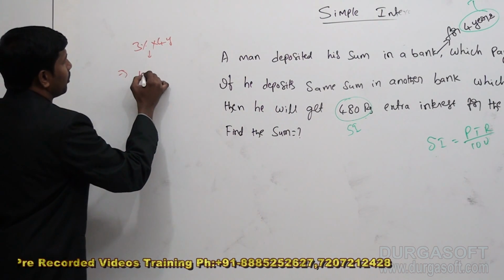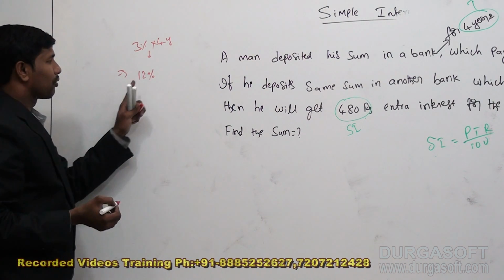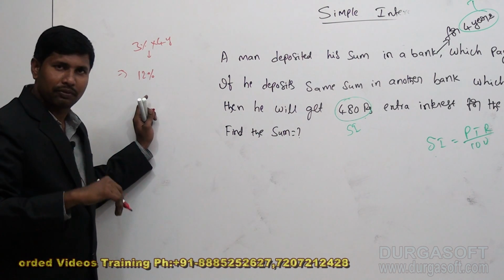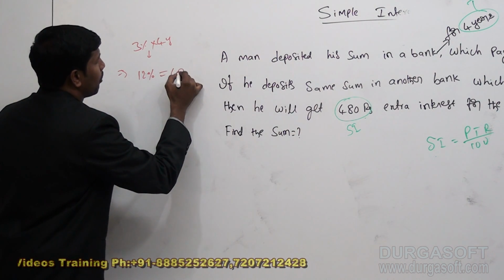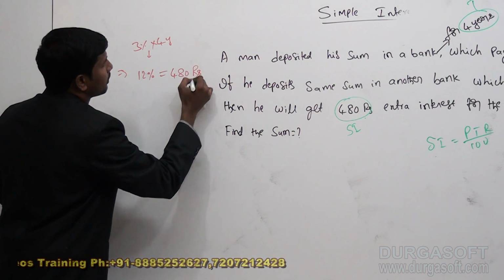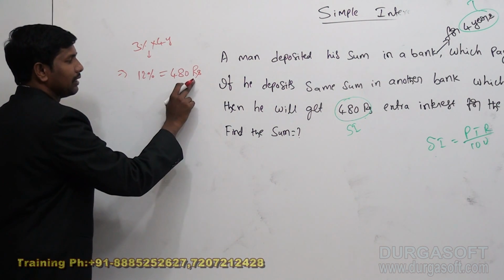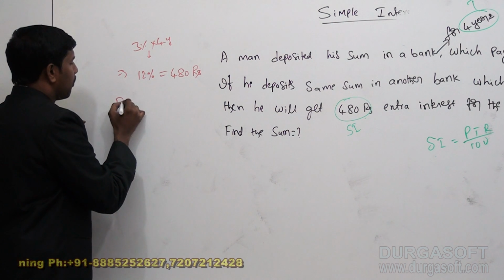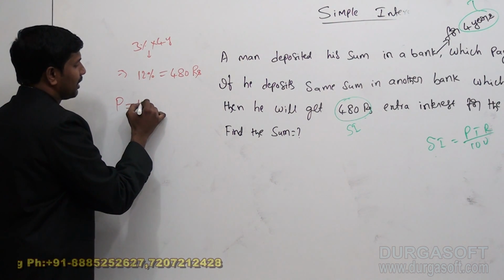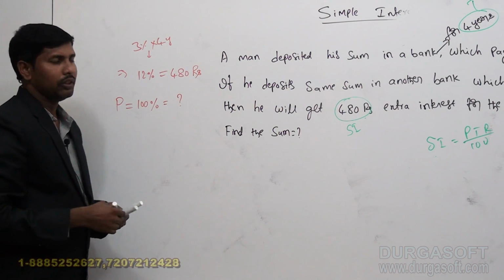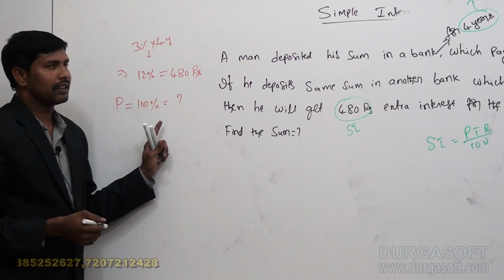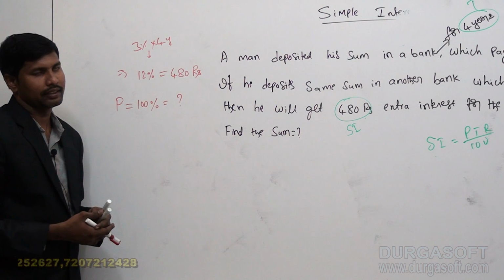Totally it is equal to 12%. So 12% extra interest we will get. So that 12% is equal to 480 rupees. So 12% is equal to 480 and I want the principal amount which is equal to 100%. What is the value? From this you can calculate the required answer easily.